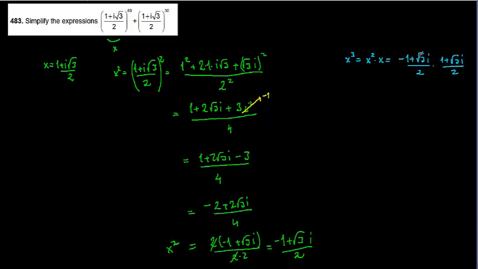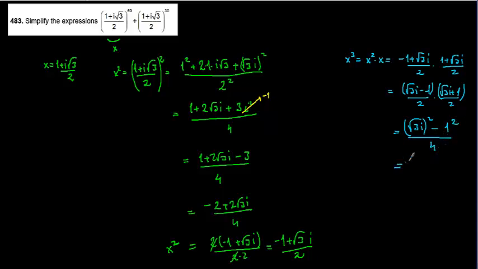This is (√3 i minus 1)/2 times (√3 i plus 1)/2, which is a minus b times a plus b, because this expression should be written in parentheses. It's equal to a squared minus b squared, so it's (√3 i) squared minus 1 squared, all over 4.